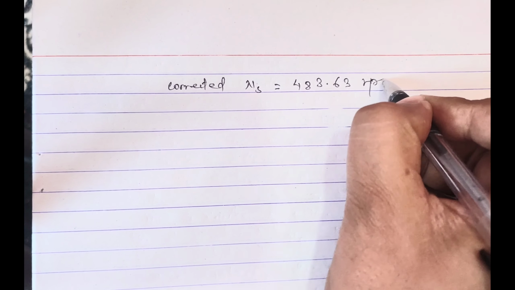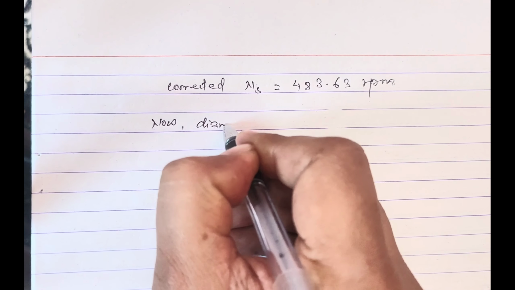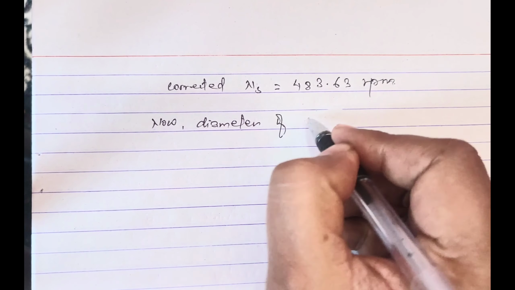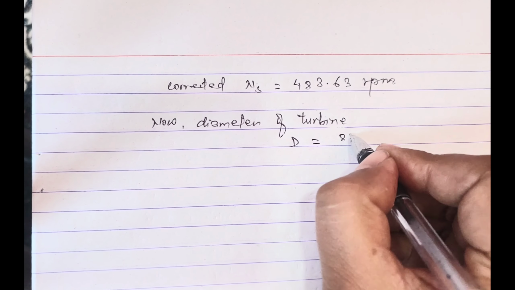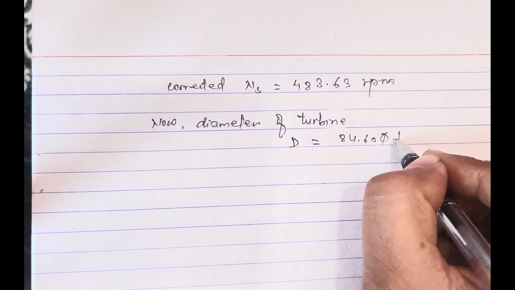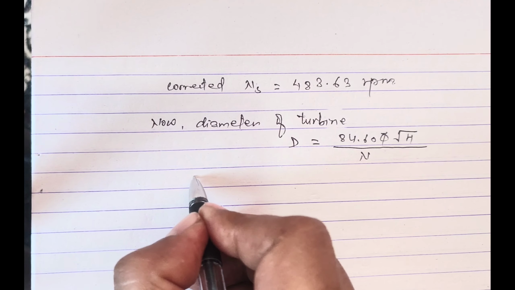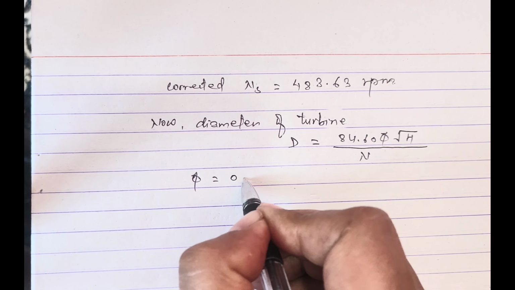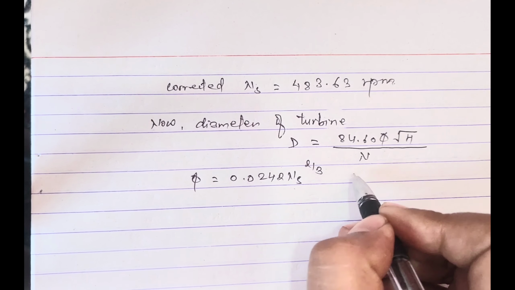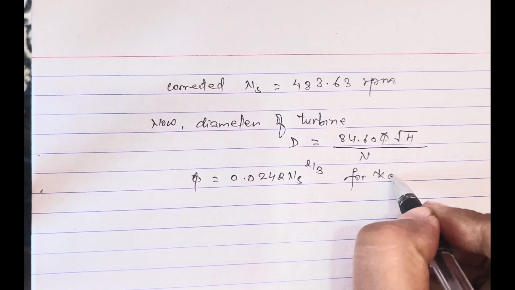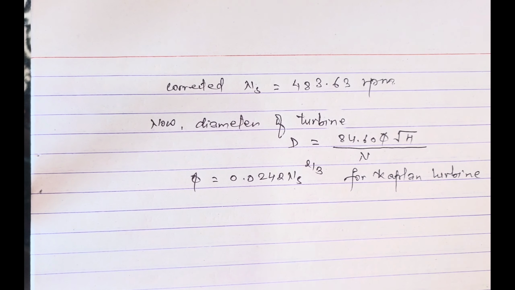483.63 rpm. Now the diameter of turbine D equals 84.605 phi root over H divided by N, where the value of phi equals 0.0242 Ns power 2 by 3 for Kaplan turbine.